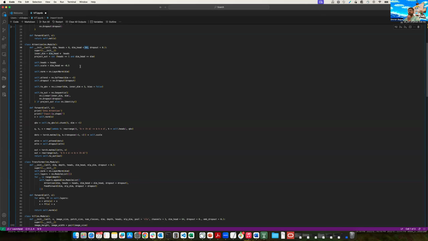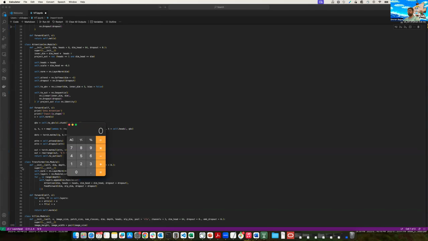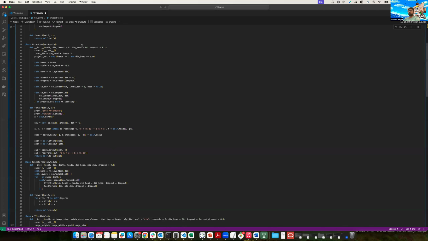This is multi-headed self attention, so there are multiple attention heads: 8 heads, each emitting a dimension of 64. So the inner dimension is 64 into 8, which is 512.